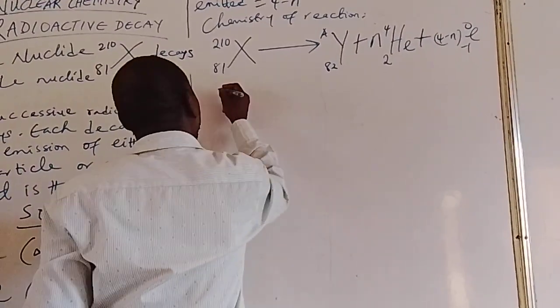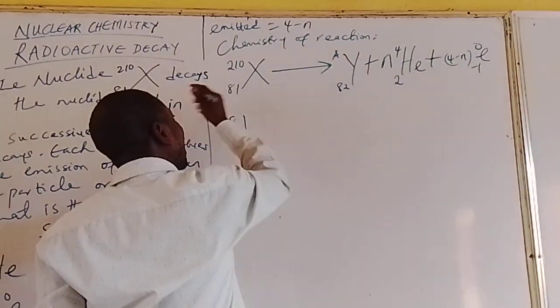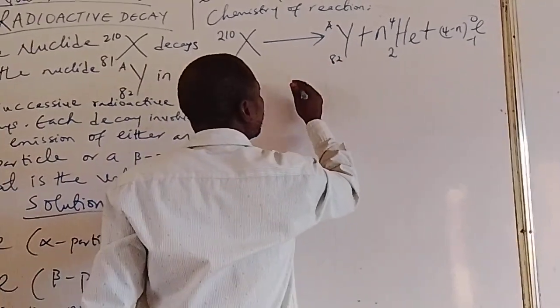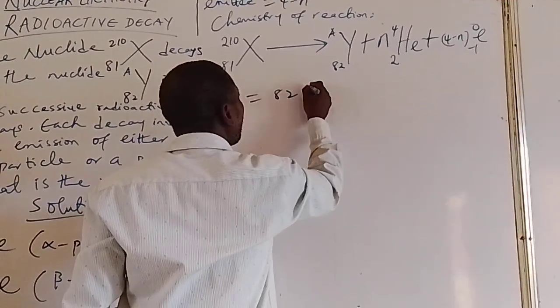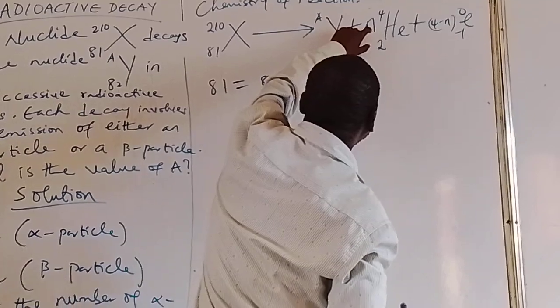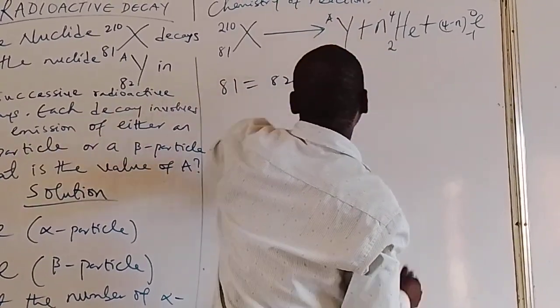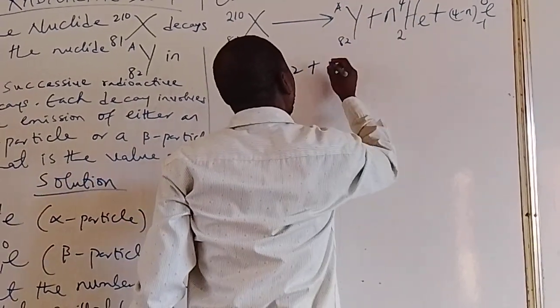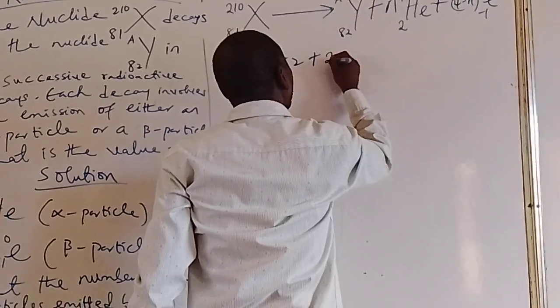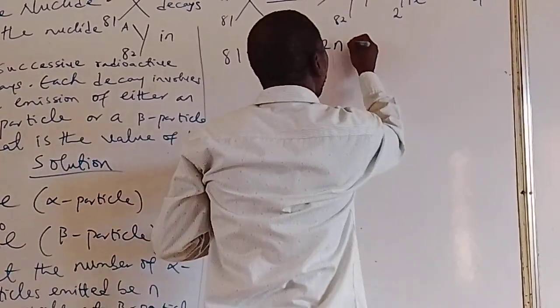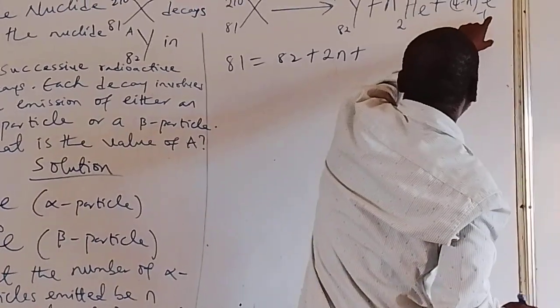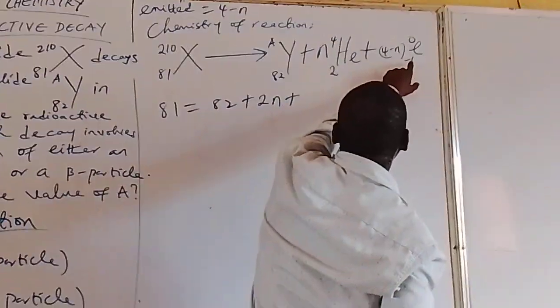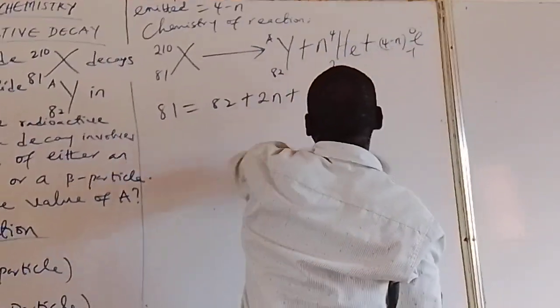So what does that imply? 81, which is on the reactant part, is equal to 82 plus, now we are going to multiply this n by the atomic number of helium. So n times 2 gives 2n. Then plus, we are going to expand this by multiplying -1 with 4 minus n.